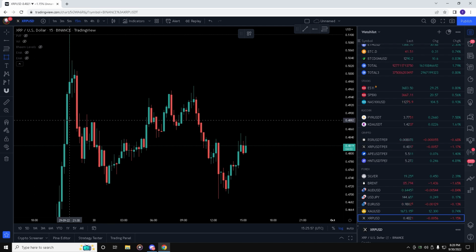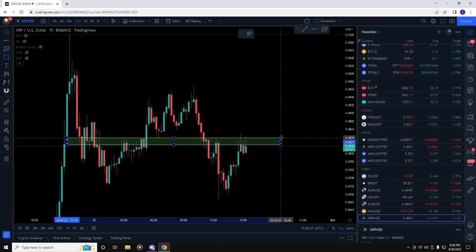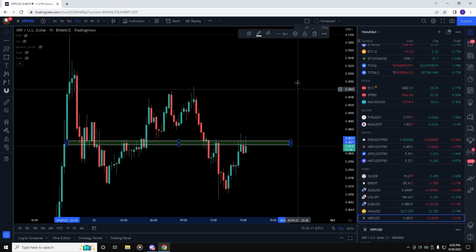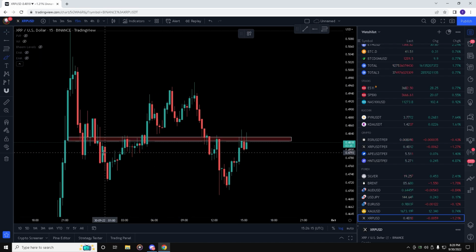So I'm gonna start looking for an area of interest where I could say that this could be a potential SR flip region. First of all, I'm gonna take like from here towards here, I'm gonna draw this. I'm gonna say this is the SR flip region, and I'm gonna add confluences to it. How?